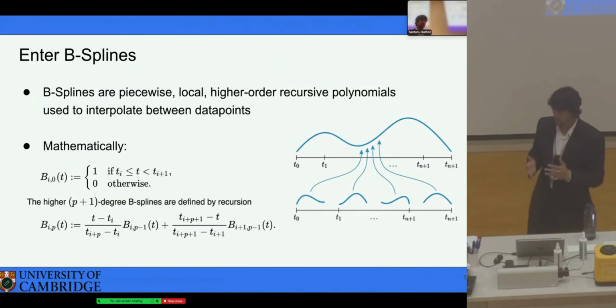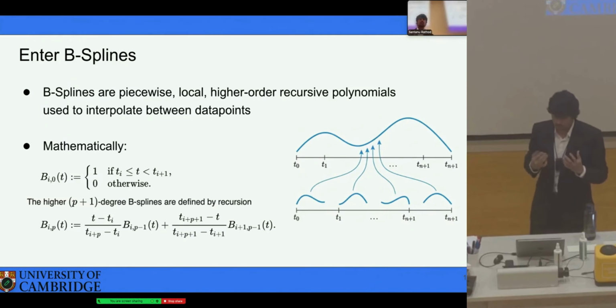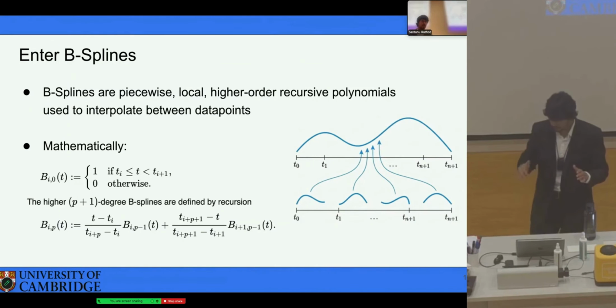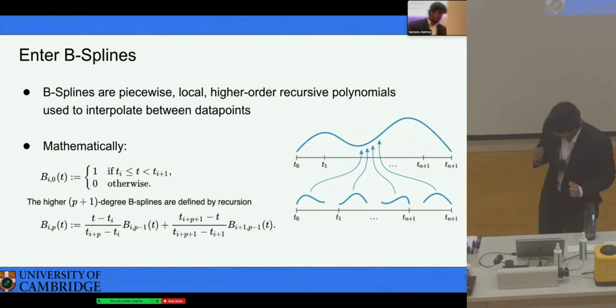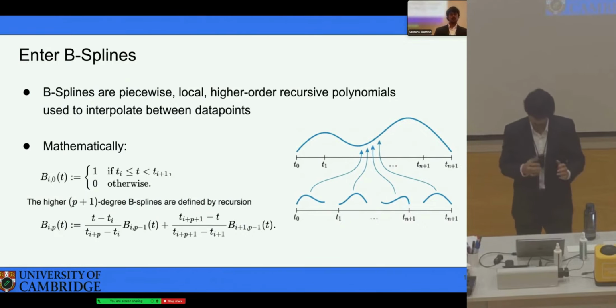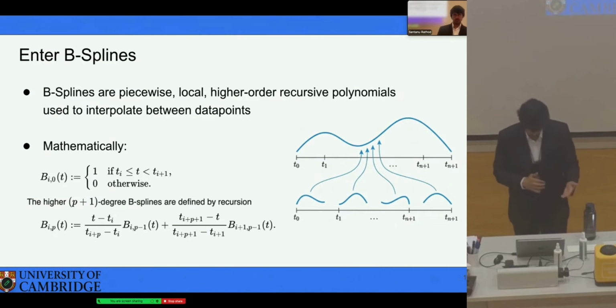But these naive polynomial interpolations suffer from something called Runge's phenomenon, meaning that they are very unstable between the roots, so to speak. B-splines, on the other hand, are continuous. They are piecewise local polynomials of some order that you construct recursively using the Cox-de Boor recursion formula.